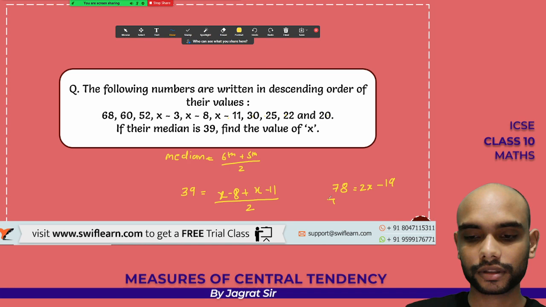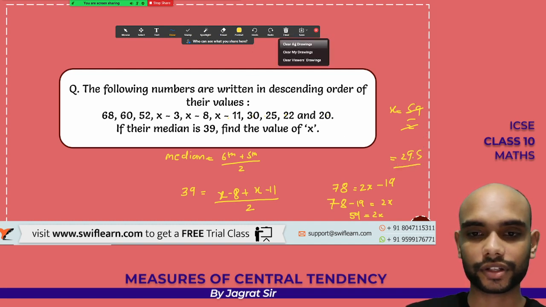So now 78 plus 19 is equal to 2x, and this will be 59, 2x equals 59. So x is equal to 59 upon 2. 2 2s are 4, 2 9s are 18, 2 5s are 10. So 29.5 is your answer.